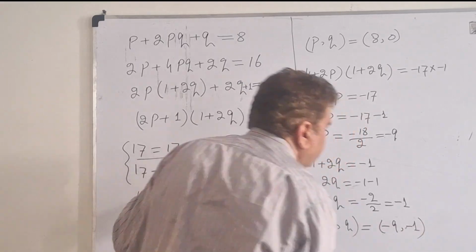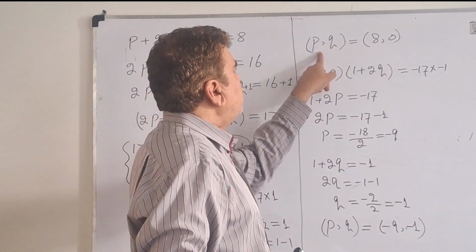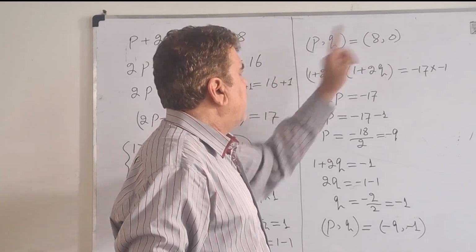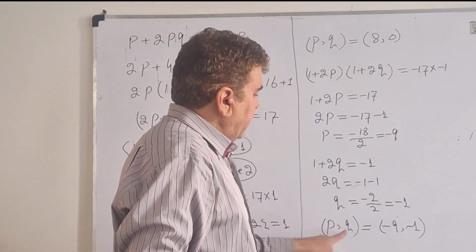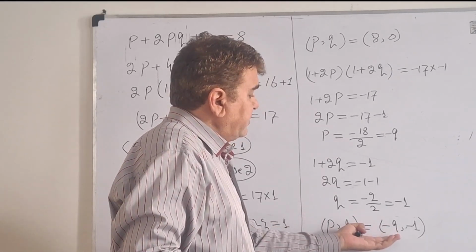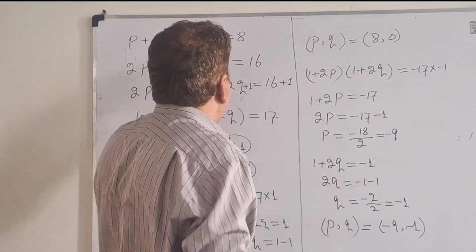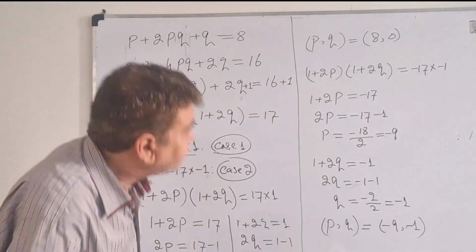Now see, for case 1, the solution set is 8 and 0, that is both p and q are integers. For case 2, p and q are again integers. And now let's see whether the solutions in these sets satisfy the given equation or not.